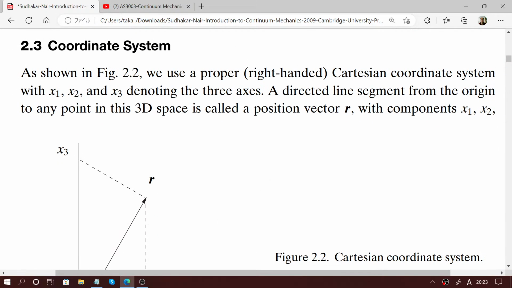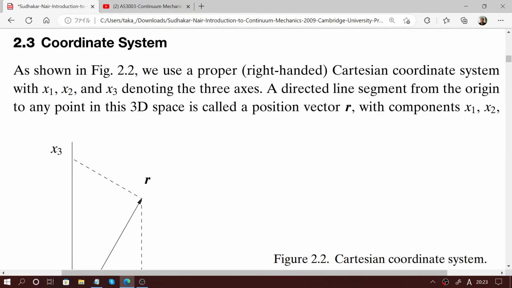And you have a coordinate system. As shown in figure 2.2, we use a proper right-handed Cartesian coordinate system with x1, x2, x3 denoting the three axes.